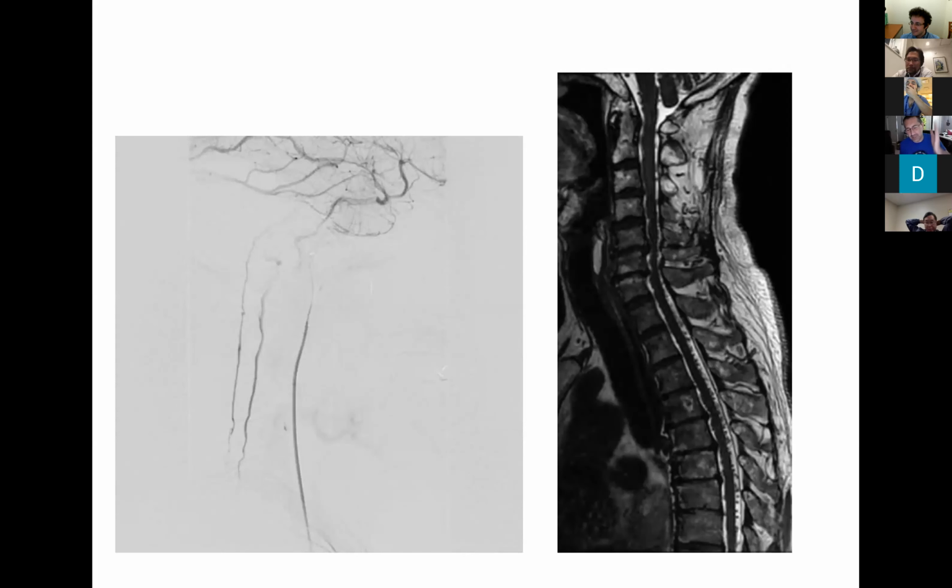I call it a complete neuroaxis angiogram. I think we all feel the resistance, once you have done the spinal arteries, to keep radiating the patient and keep giving contrast, because what is the chance you're going to find something in there?